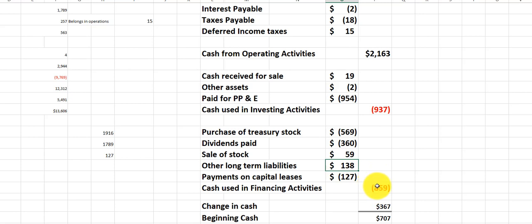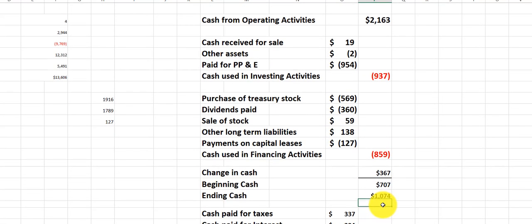So here's your subtotal for financing, subtotal for investing. Both of those are negative, so the terminology that you would use officially is cash used in investing activities. The change in cash, which we really should have calculated first, is 367. Beginning cash was 707, and it went up by 367 to get 1074. So this little reconciliation should go at the bottom of your cash flow.